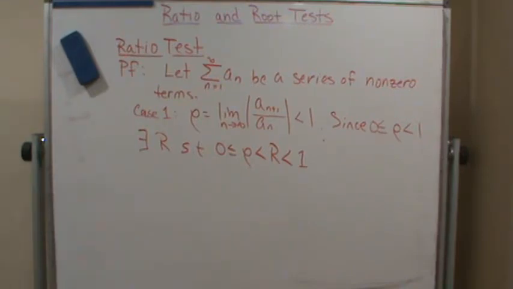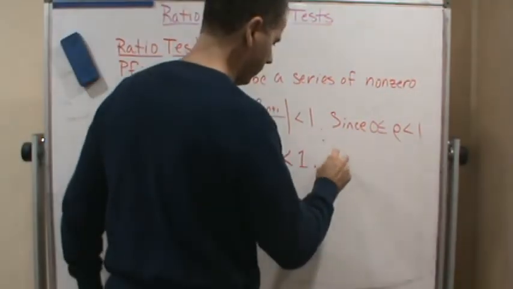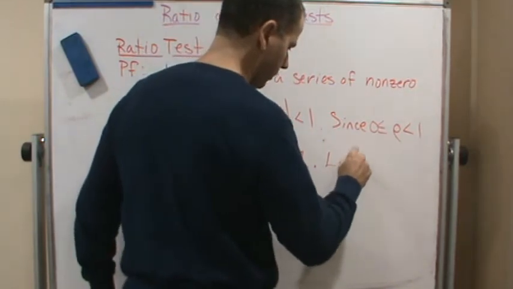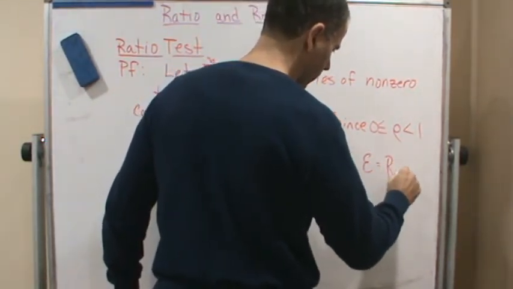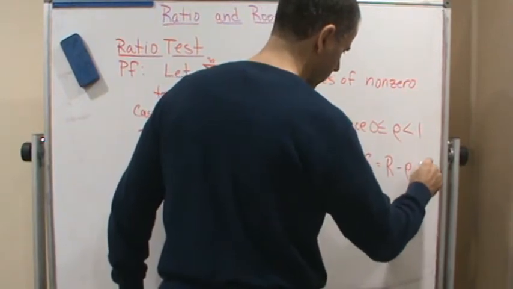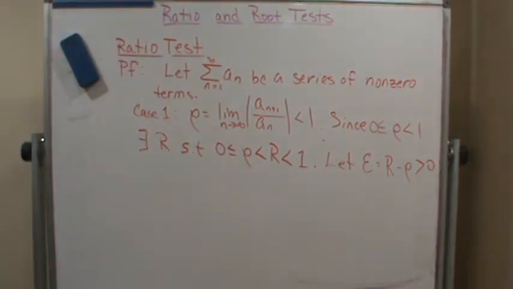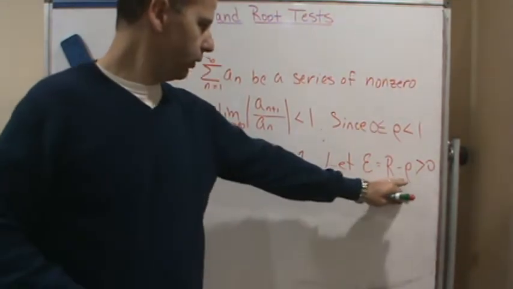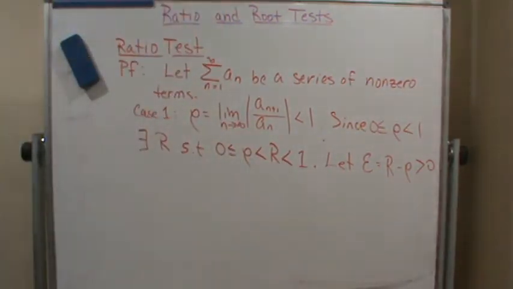This has to be true. And now we're going to define epsilon in terms of rho and r. I'm going to let epsilon equal the difference between r and rho, which is positive.